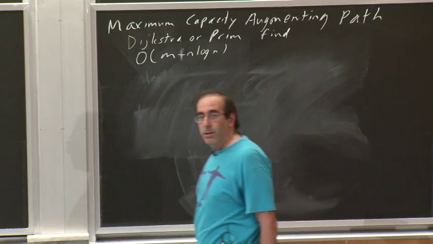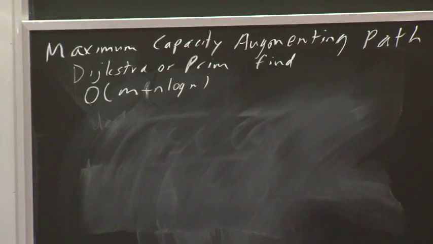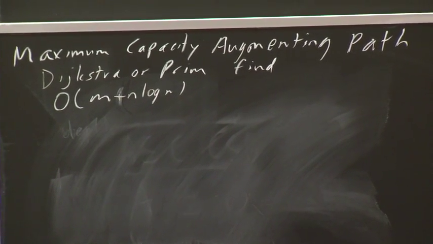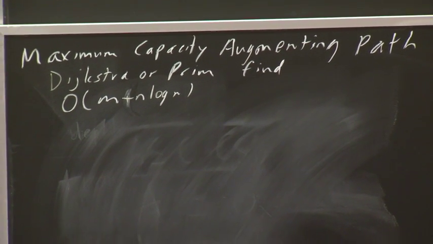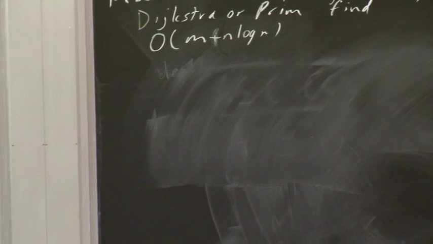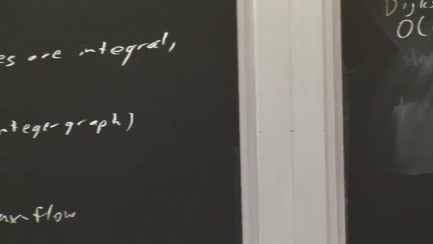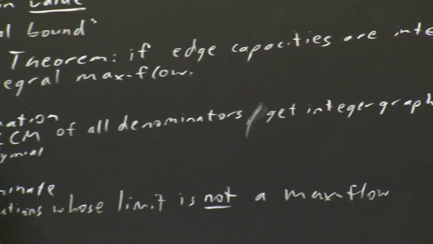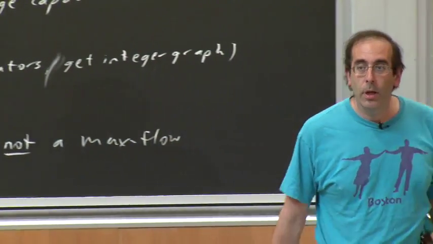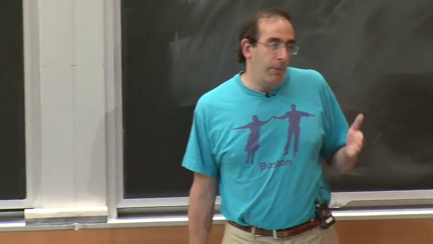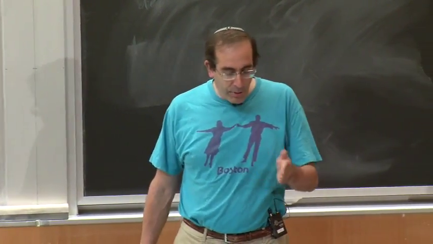But now that we have it, can we argue that it's a good idea to look for it? How can we assert that finding a max capacity augmenting path is going to be any better than just finding any old augmenting path? Well, if we think about the way we've been analyzing so far, we've been looking at sort of progress, right?